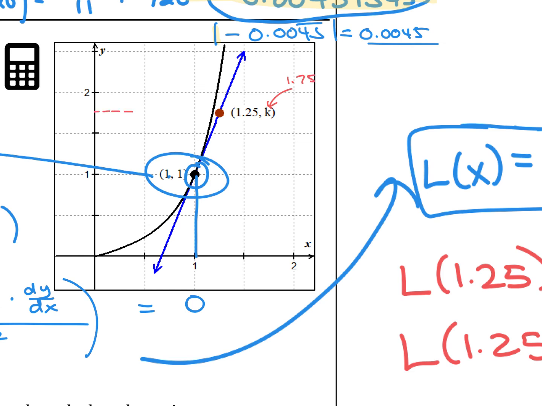So that probably makes sense based on the graph because this is 1, this is 1.5. So it seems reasonable that 1.75 would be right there.